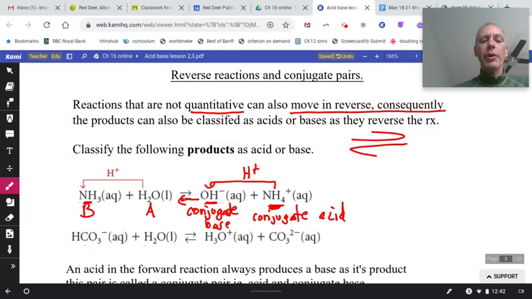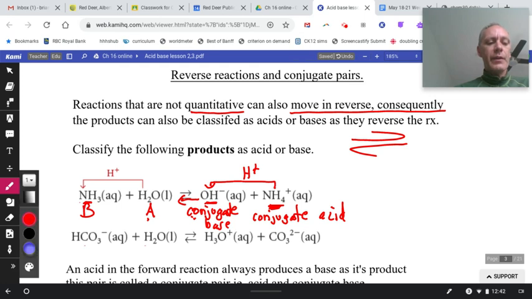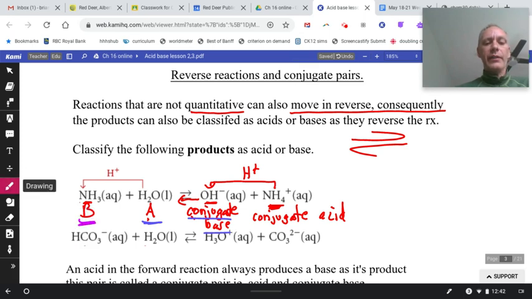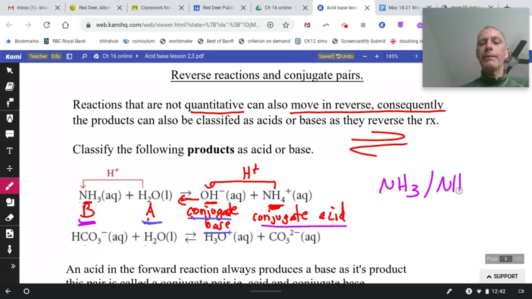Now, conjugate means partner. So this conjugate base has a partner right here, which is an acid. So every acid has a conjugate base, and every base has a conjugate acid. They're partners. And if you look at the pair, NH3, NH4+, a conjugate pair always differs by a proton.